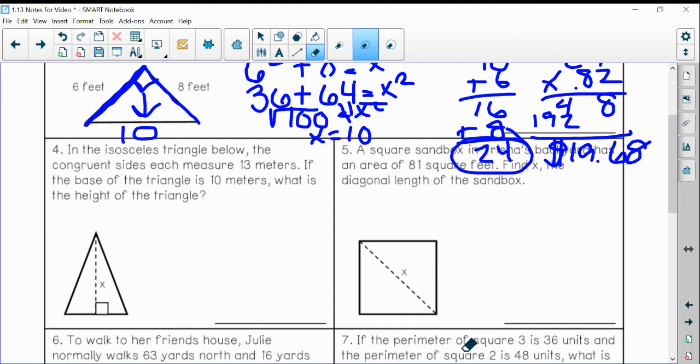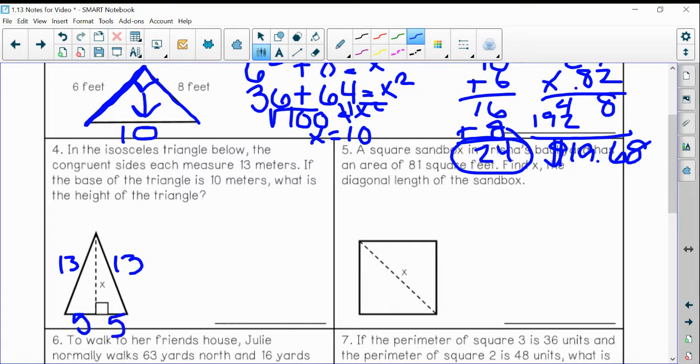All right, so number 4 says in the isosceles triangle below, the congruent sides each measure 13. So here's our congruent sides of our isosceles triangle. It tells us that the base is 10, so that gives 5 for each side. And they already give you your right angle. We know these two sides that form it, so our two legs squared and added together equal our hypotenuse squared.